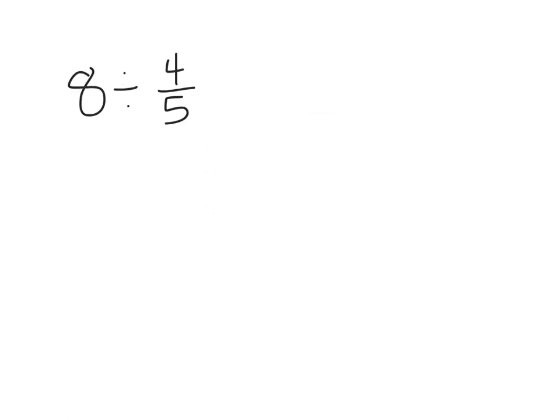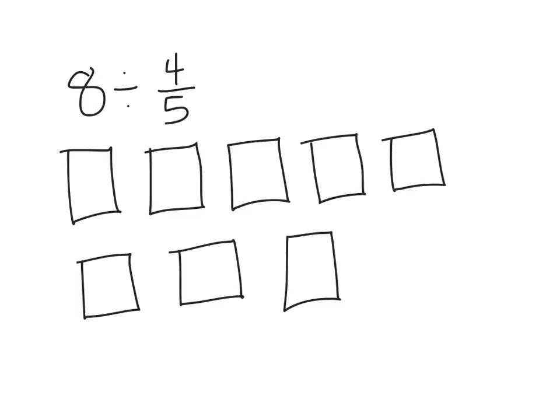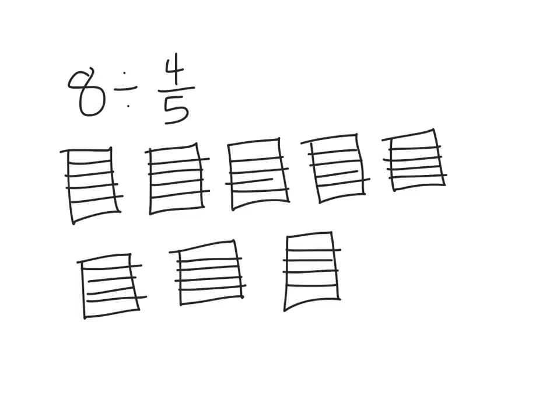Okay, and let's try one more before the practice problem. Let's do 8 divided by 4/5. Pause and try it on your own. So we start out with our 8 wholes, and then we break them into fifths. And now we're looking for how many groups of 4/5.